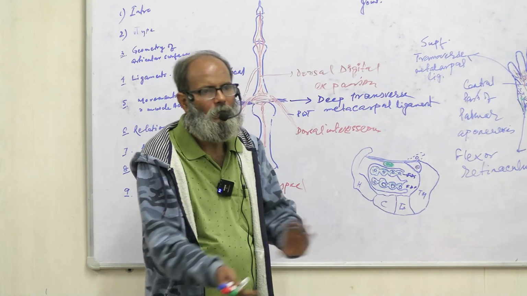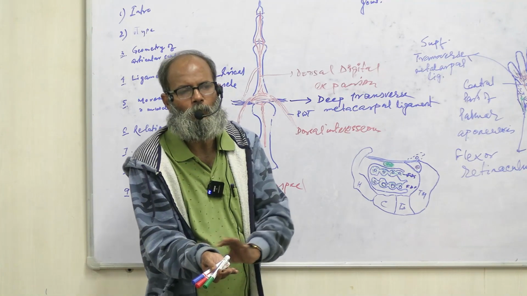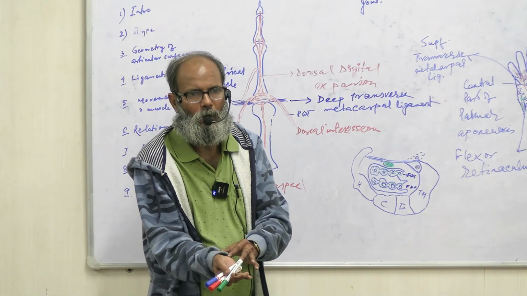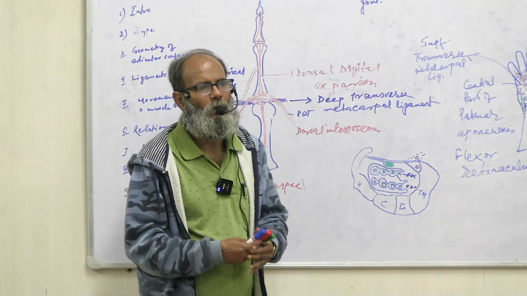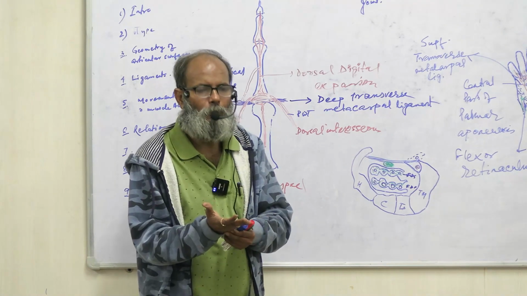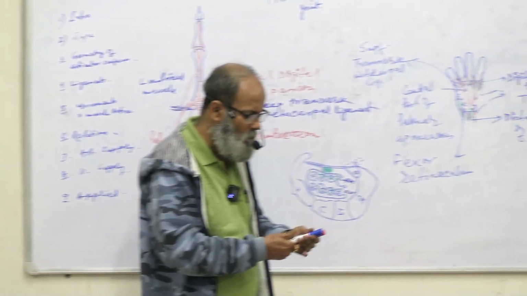This ulnar bursa starts 2.5 centimeter proximal to the wrist joint. Then it encloses the flexor tendon, and its medial part is continued to the little finger.